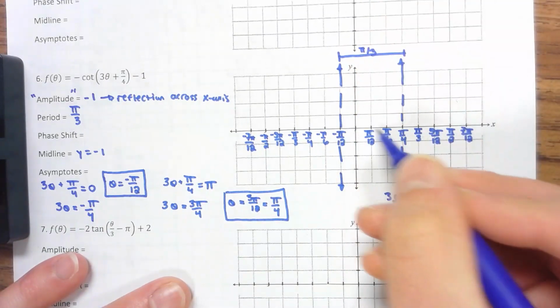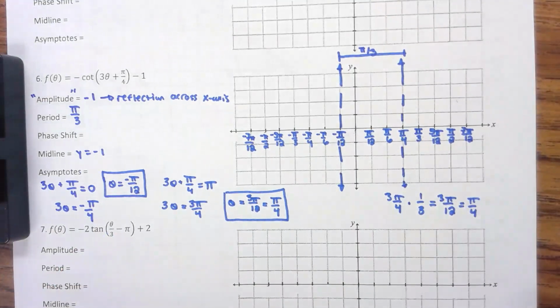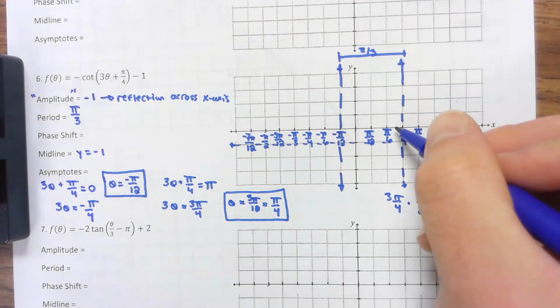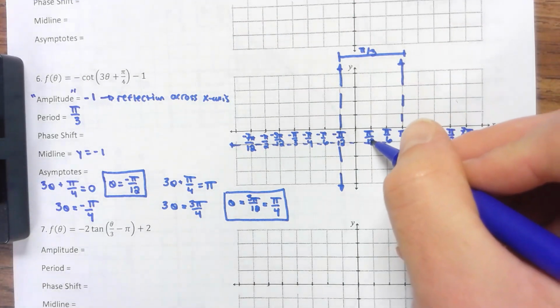That's 1, 2, 3, 4 over 12, which reduces down to pi over 3. And so then from here, we'll fill in our midline, at negative 1, and increments that I labeled. Halfway in between our asymptotes, we're going to be on that midline. So that's right here at pi over 12.